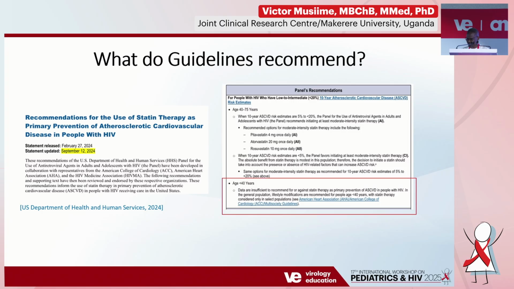But for those less than 40, just look at this, and I quote: data is insufficient for a guidance against or for a statin. And they say that, like in the general population, there should be some lifestyle modification, and probably that is what could work. And I certainly agree with them.